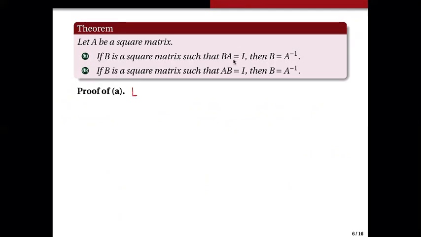So let B be a square matrix such that BA equals I. How do we prove that B equals A inverse?